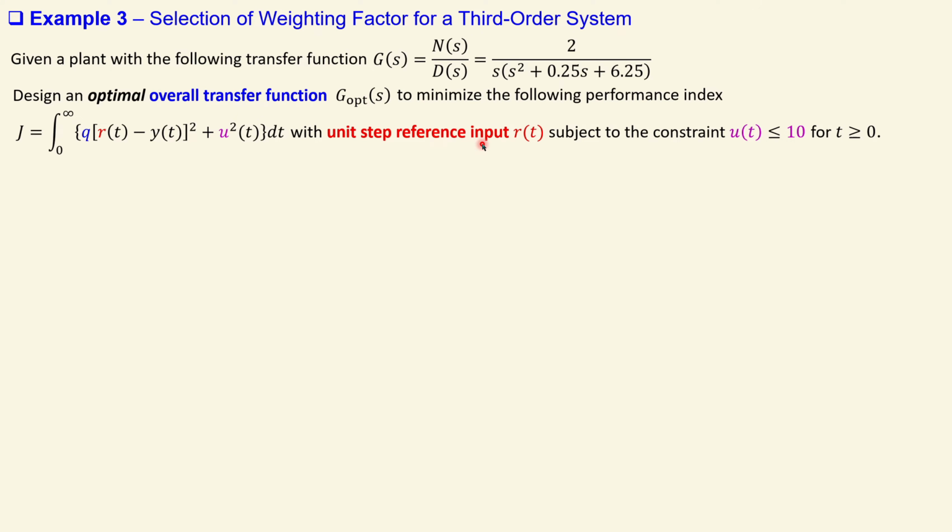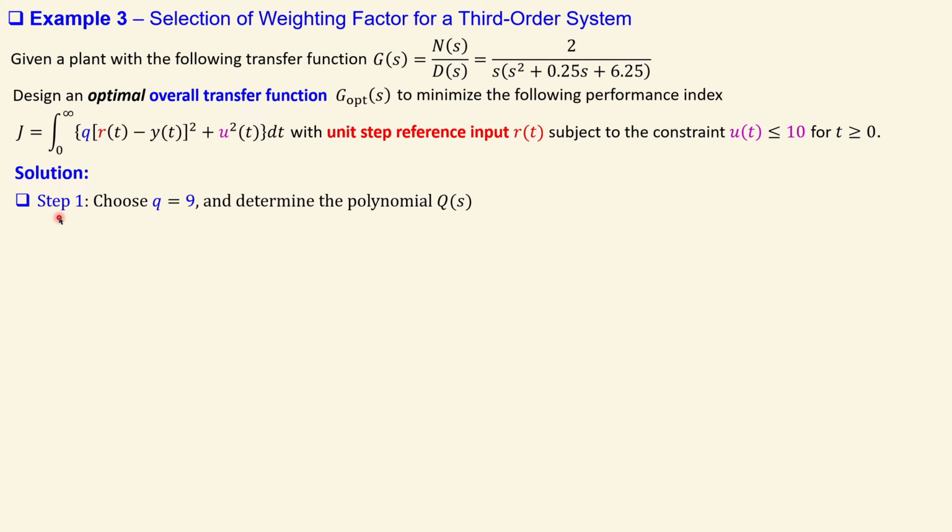Again, the reference input is a step, and there's also a constraint which says that u must be smaller than or equal to 10 for all time larger than or equal to 0. But we don't know much about the q, so there's nothing given about the q. So we need to determine that. That's also one of the objectives of this example.